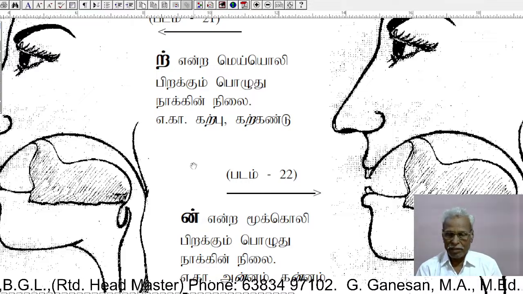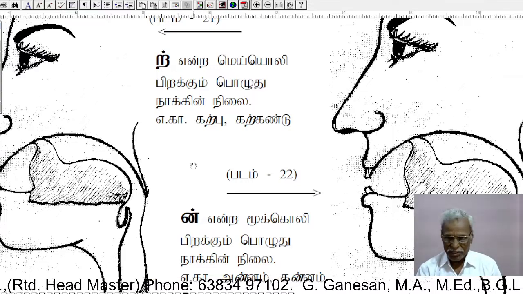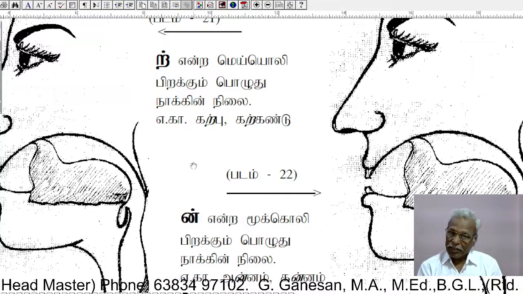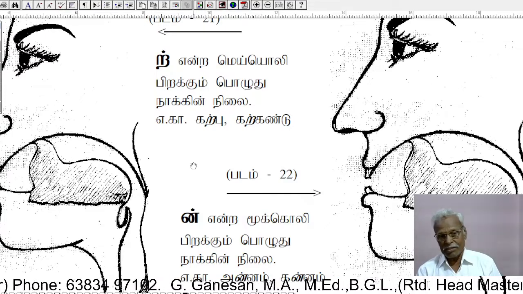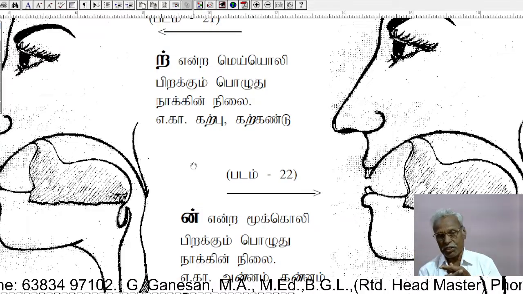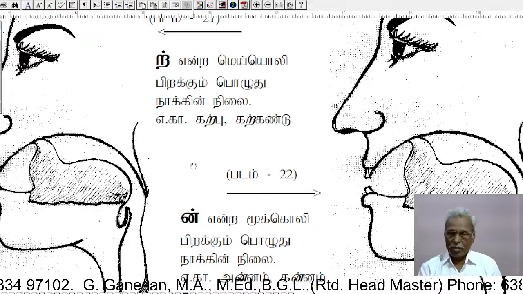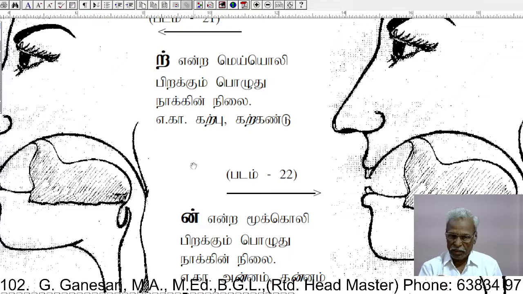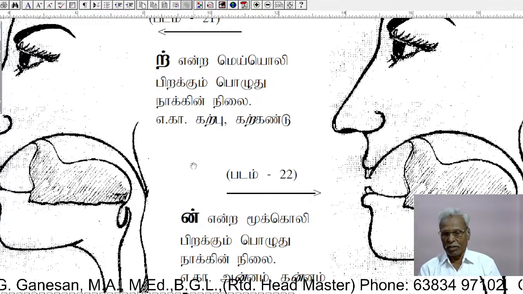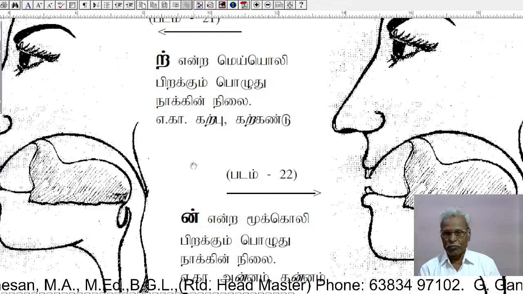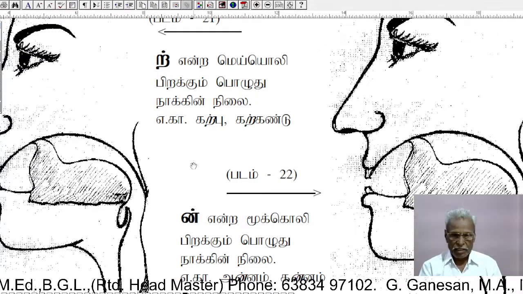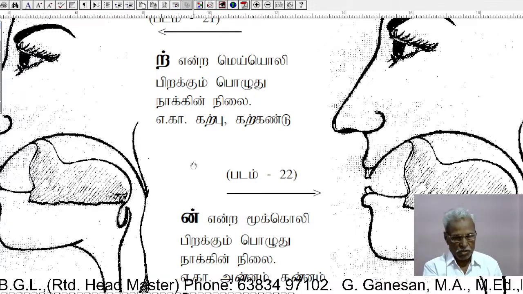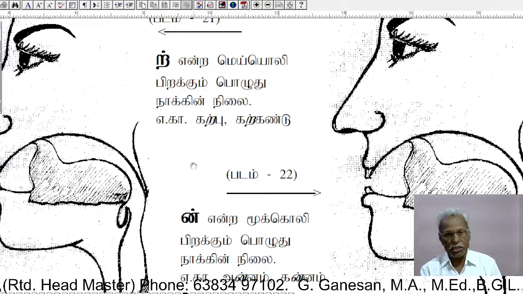But here the difference is, in the production of ir, the air is sent out through the sides of the tongue and the mouth. But in the production of in, the air is sent out through the nasal cavity, that is, through the nose.